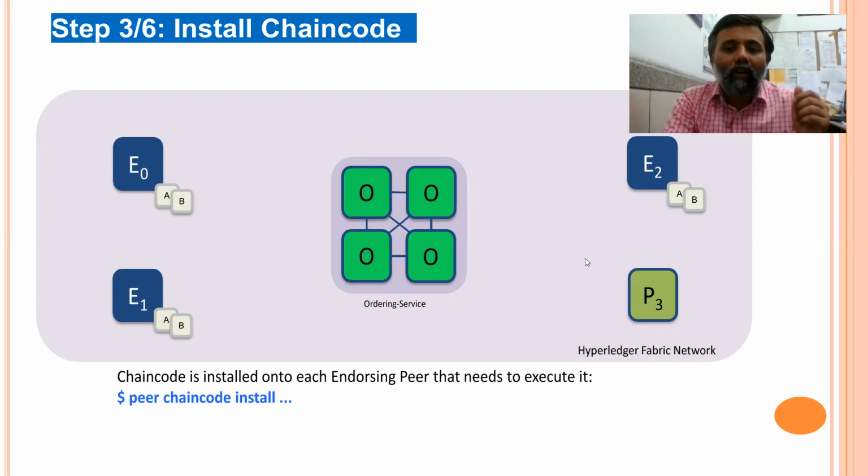The committer node normally does not have any chain code. So the endorser will have a certain chain code. Suppose we are showing chain code A and B at endorser E0 and the same chain code at E1 and E2. So the third step will be installing the chain code on the endorser nodes.